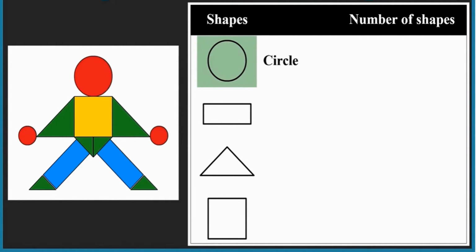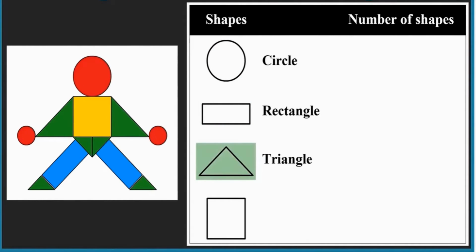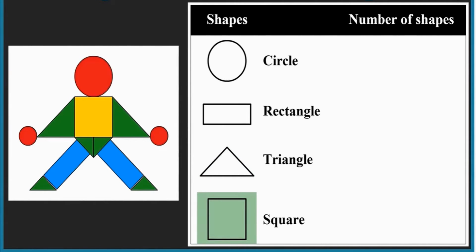This shape is a circle. This is rectangle. This one is triangle. And this shape is square.